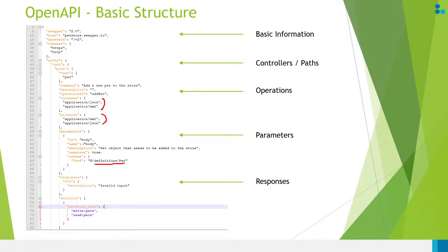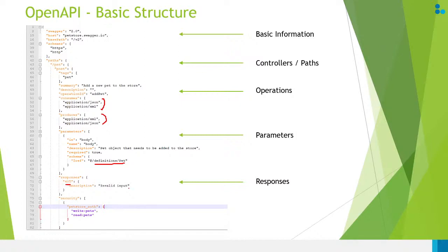Okay, and we can also display what our HTTP responses are going to be. For this example, it's only using the 405, which is an invalid input.